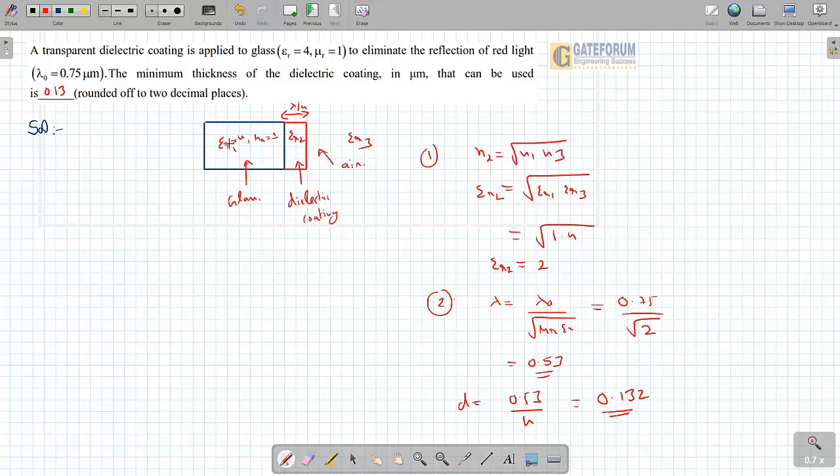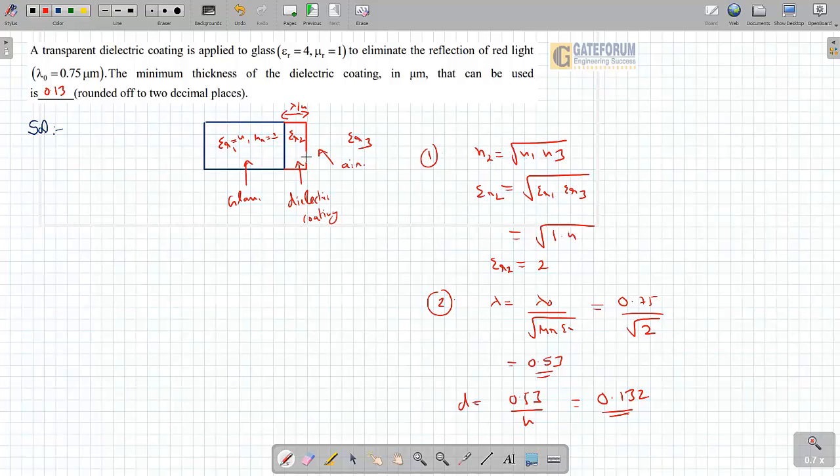Okay. So the concept that we use here is, first it needs to have impedance matching, and impedance matching is carried out between the two media by using a quarter wave transformer, which is of lambda by 4 length transmission line, or let's say not transmission line in this case, dielectric coating. Similar phenomena as what we see in transmission line is applicable in plane wave propagation. So there we make use of this relationship to get the impedance of this.